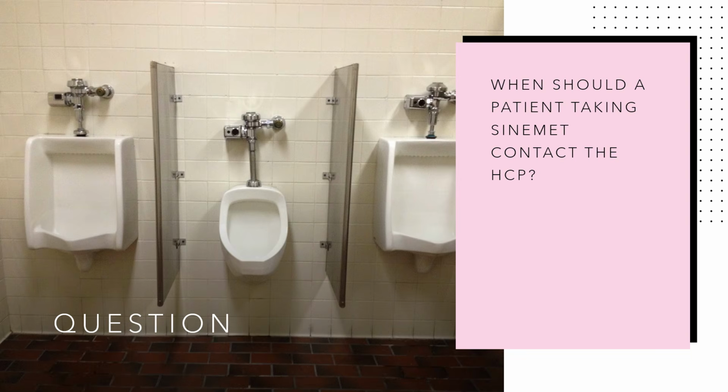So, when should a patient taking Sinemet contact the healthcare provider? Report any uncontrolled movements of the face, eyelids, mouth, tongue, arms, hands or legs, mental changes, palpitations, and difficulty urinating.